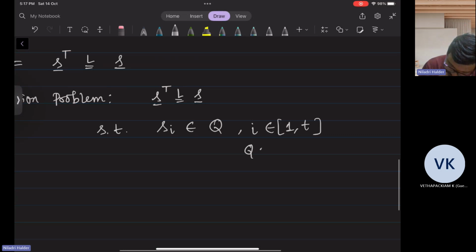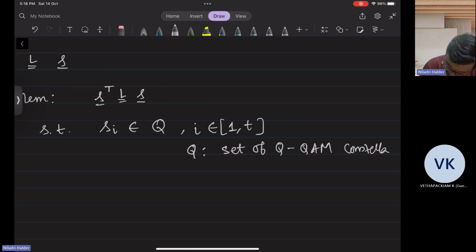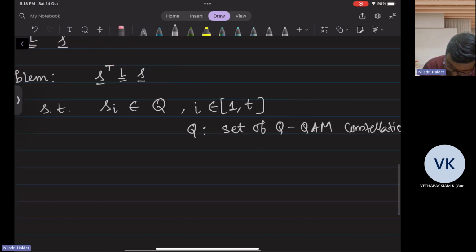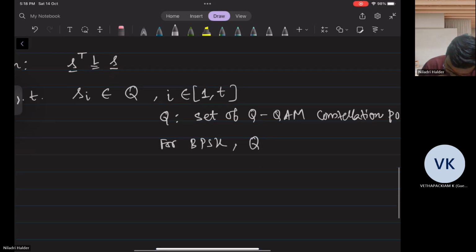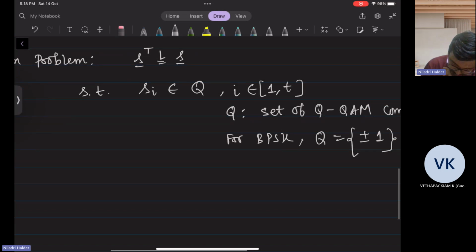Q is the set of constellation points. For BPSK, this Q is plus minus 1.